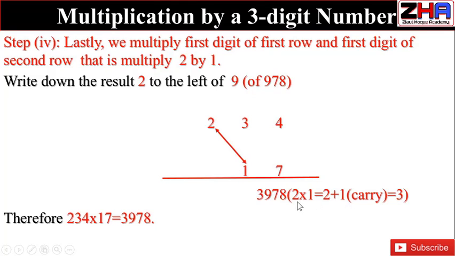Sorry, here 2 into 1 is equal to 2 plus 1, this is equal to 3. So we have to put 3 to the left of 9 of 978. Therefore we have 234 into 17 is equal to 3978. This is not 2 but it is 3.